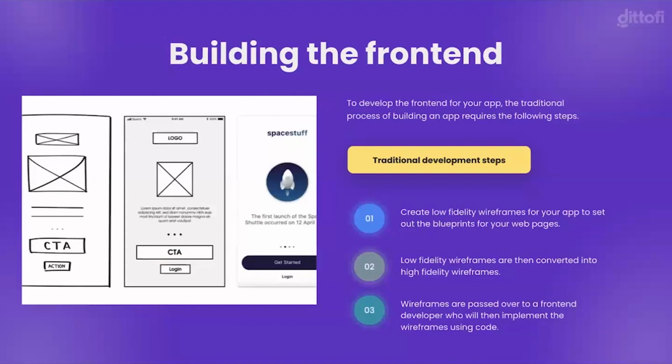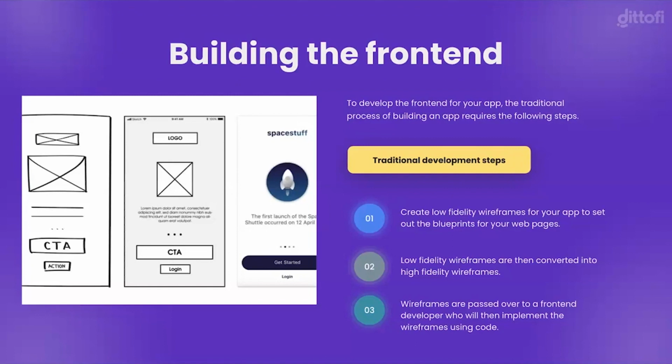The traditional steps for building out the front end of an application would be, step one, to create low fidelity wireframes, which are like the blueprints for your different pages within your application. This could be something drawn very basically, maybe on a piece of paper or inside a PowerPoint or Figma design, but it doesn't have any of the styling attached to it.